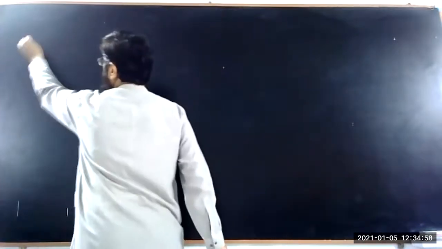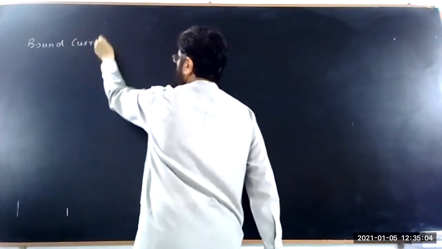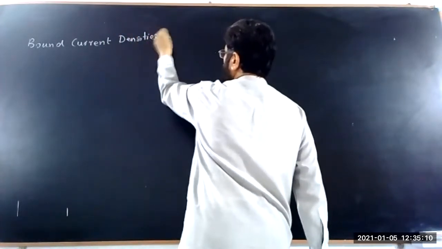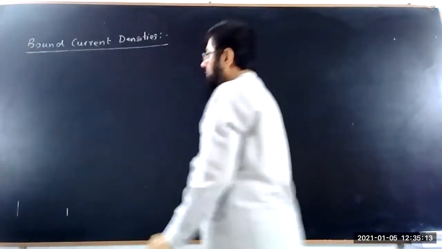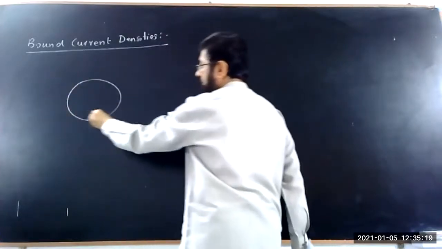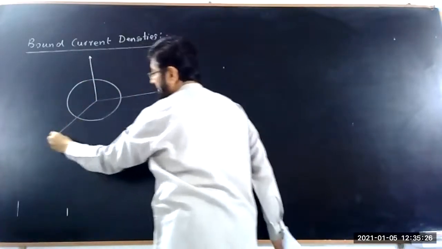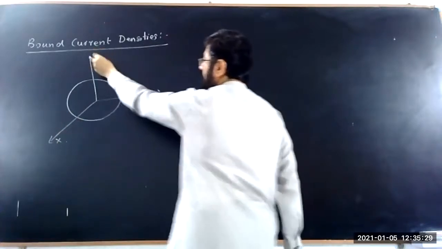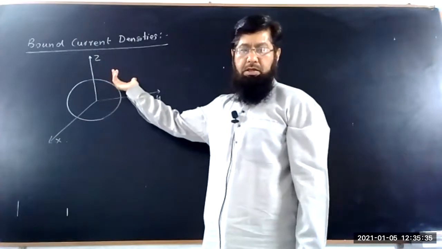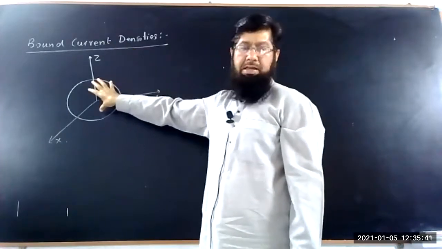Simply, we can say that if this is a sphere, and this sphere is a magnetized sphere, with the x-axis, y-axis, and z-axis, we have to see what the bound current densities are due to this magnetized sphere.